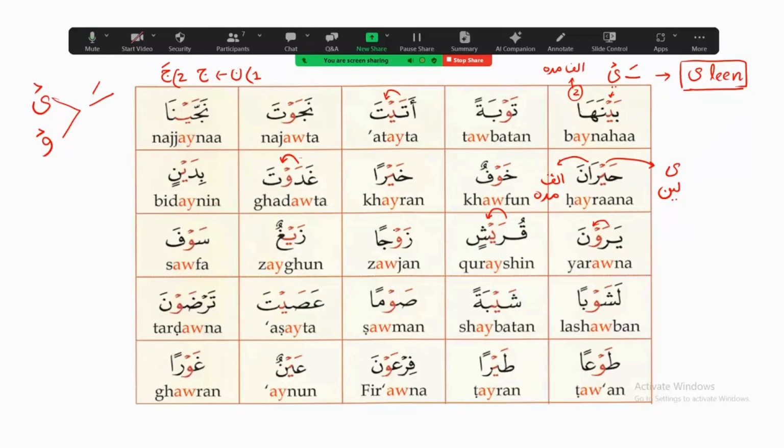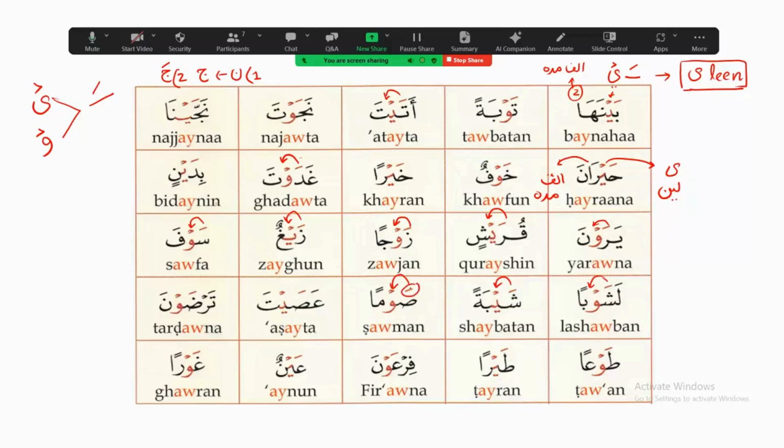Qurayshin, zawjan, زيغ, ز and ya, زيغ, سوف, لشوبا, شيبة, صوما, صا and waw, صو.